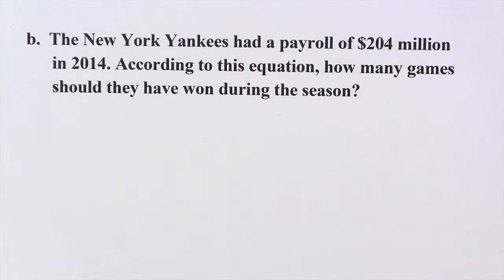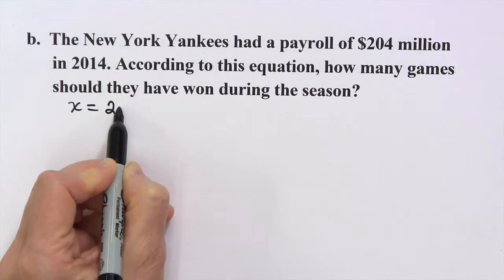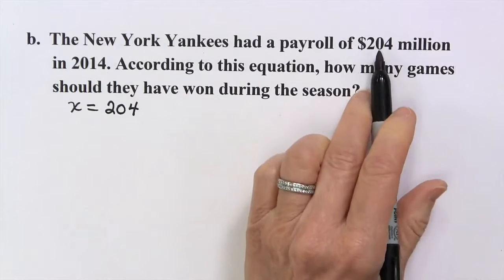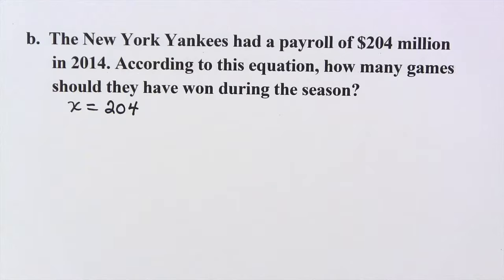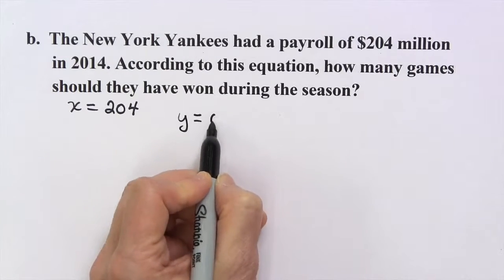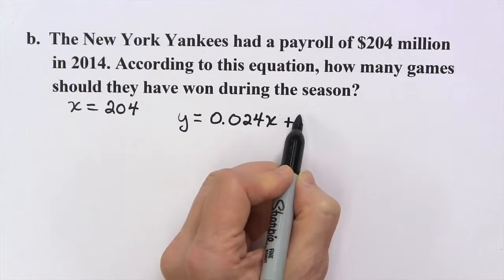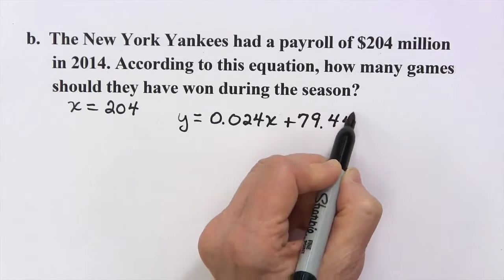Look at part B. The New York Yankees had a payroll of 204 million in 2014. According to this equation, how many games should they have won during the season? Well, remember, this is an X value. So here X is 204, representing the payroll of 204 million. We were given this equation: Y equals 0.024x plus 79.44.